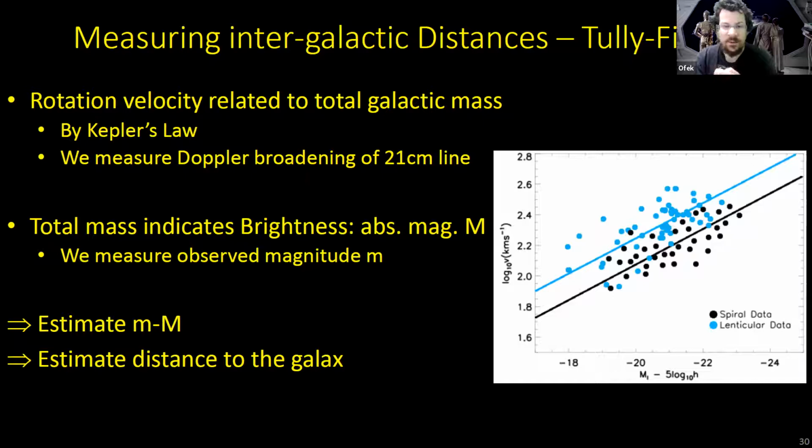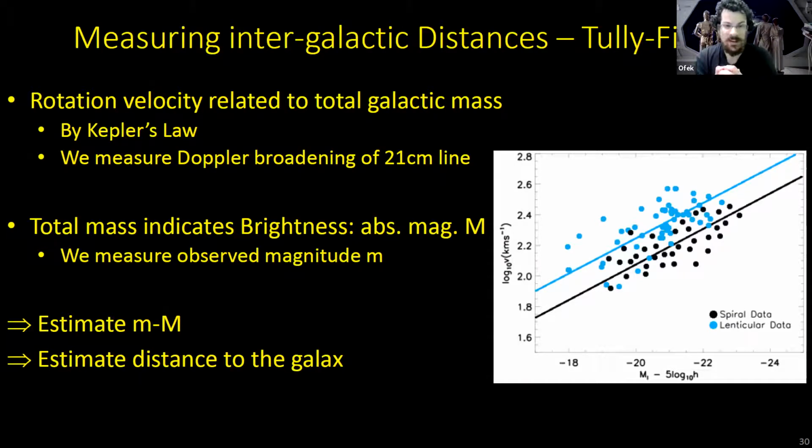If we know what the velocity is, which we can measure from Doppler shifts, for example, by looking at a particular line that we know of, the 21 centimeter line from neutral hydrogen, we can measure that line and see how much it splits or broadens, and that will give us the velocity dispersion.